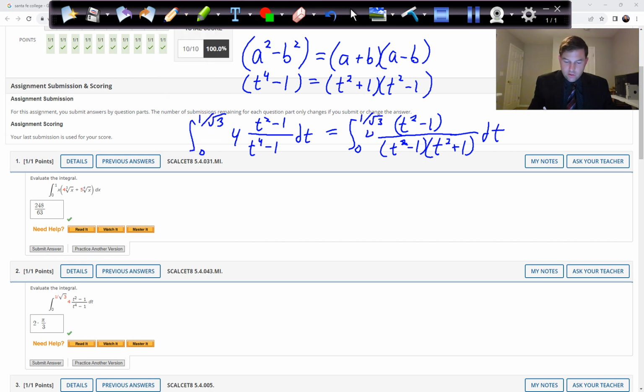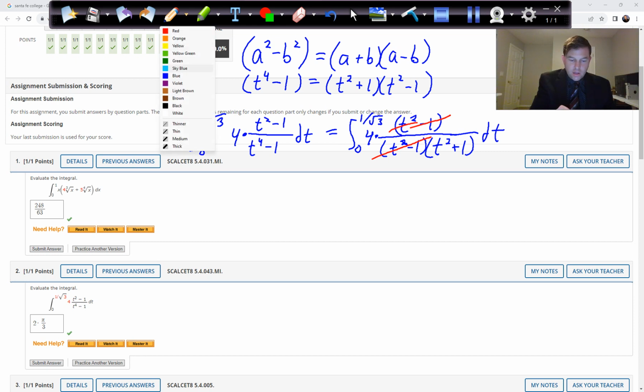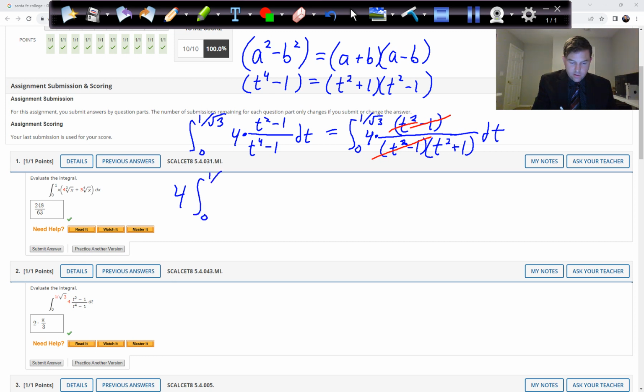And I forgot the 4, there's a 4 right here. The t squared minus 1 on top, this whole bubble will cancel with this whole bubble down here, and I'm going to pull this 4 out of the antiderivative, and on top you have 1, a placeholder 1, and then on the bottom we have t squared plus 1 dt.